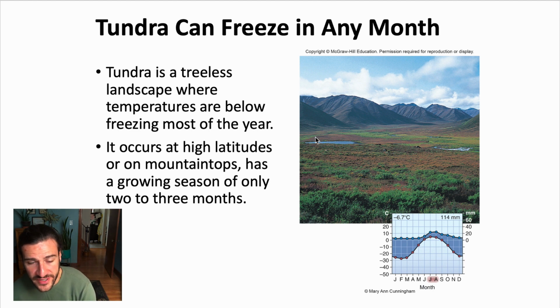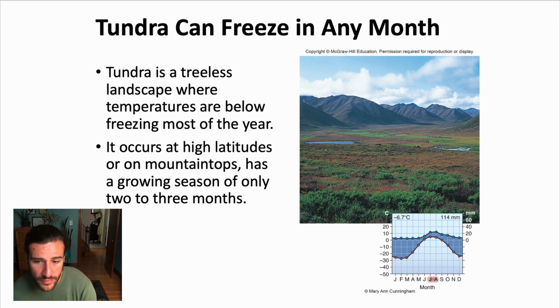So a tundra can freeze in any month. These biomes, you find them at really northern latitudes, as well, obviously, as some southern latitudes, but most of Earth's land mass is in the northern hemisphere. And in really high elevation systems.